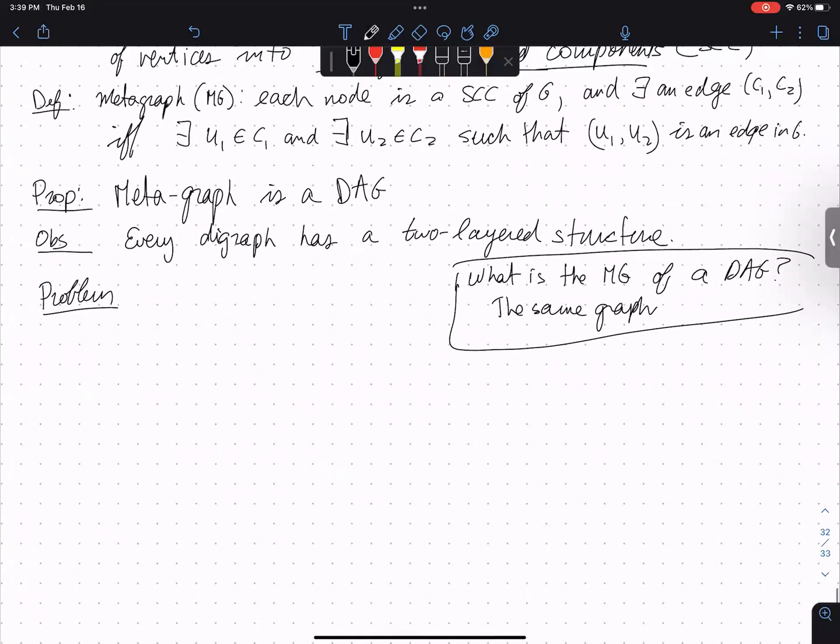Okay, so now the computation problem we're going to solve is: label each vertex of a digraph G with its strongly connected component number. In other words, find the strongly connected components of a graph.